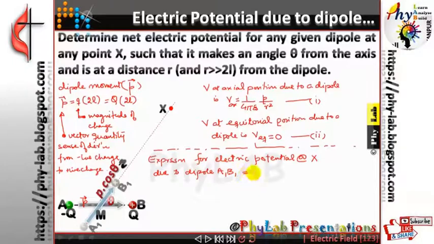It will be Vx, I'm calling it X, is equal to 1 upon 4 pi epsilon naught.